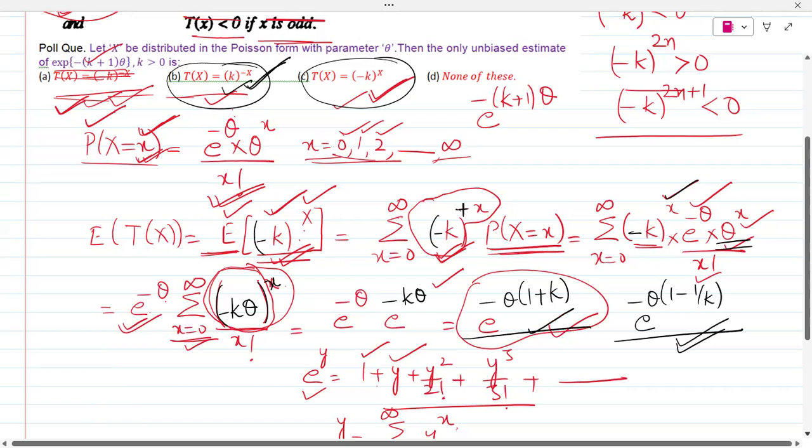This was the given parameter, meaning option C is the unbiased estimator of the given parameter, whether you write exponential of minus (k plus 1) into theta, or e raised to this.